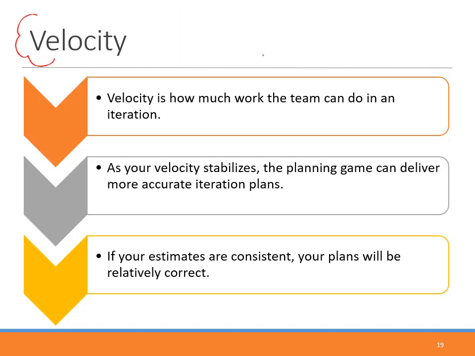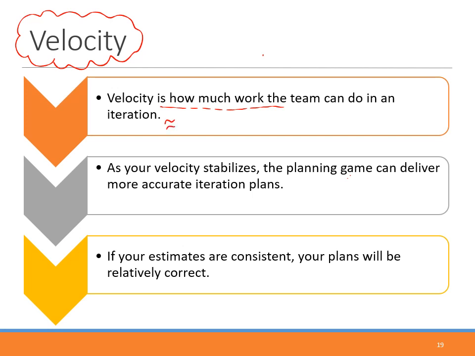We have heard of the term velocity from previous slides already, right? So let's look at velocity in more detail. As we already discussed, velocity is how much work the whole team can do in one iteration. One iteration in Scrum is what? Sprint, yes.